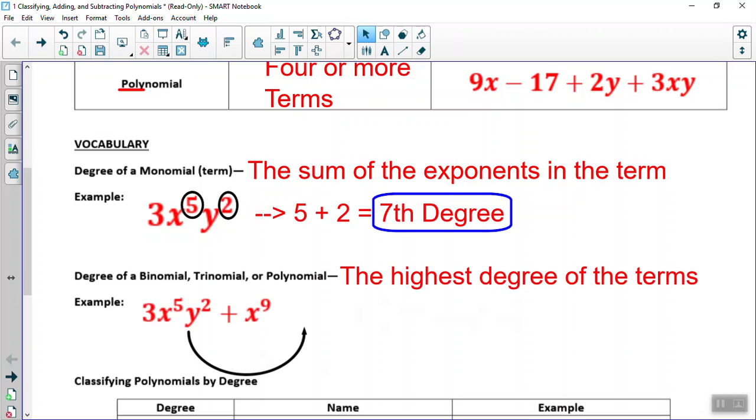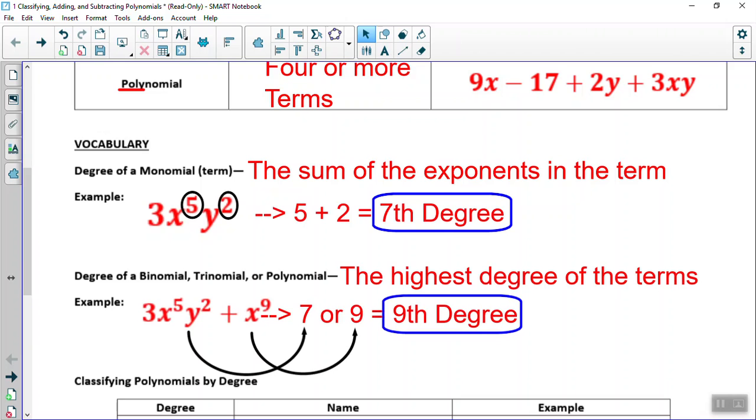The second one has a degree of 9. It's the only exponent in that term, so it's a degree of 9. The biggest one is 9, so we would say that that's a 9th degree binomial. Binomial because it has two terms.